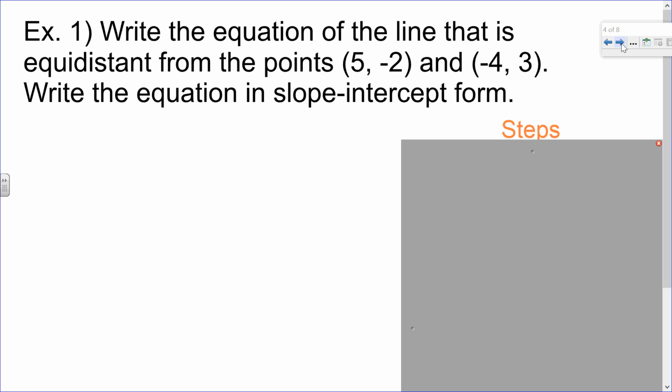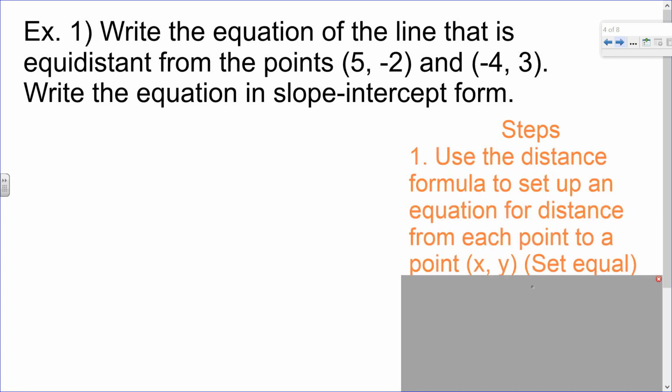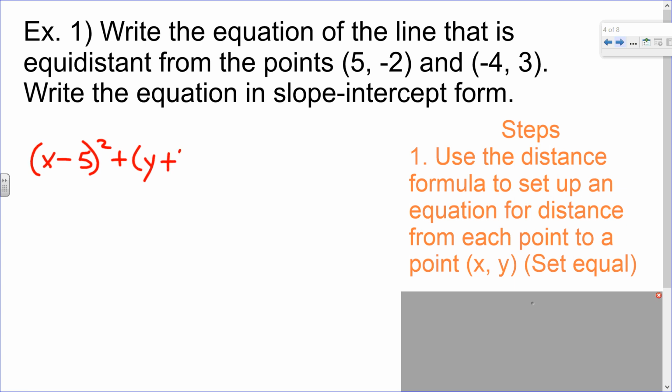If we're doing the locus definition method, we have to say that the distance from xy to one point equals the distance from xy to the other point. So I need to say the square root of x minus 5 squared plus y minus -2 squared. That is the distance from xy to 5, -2.